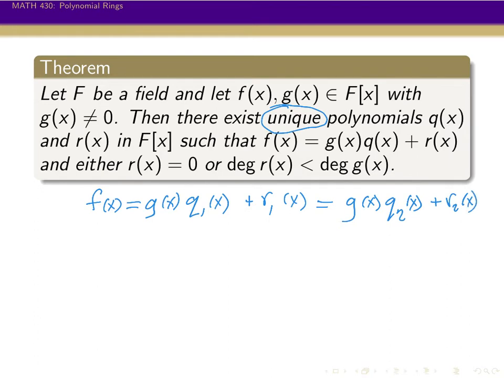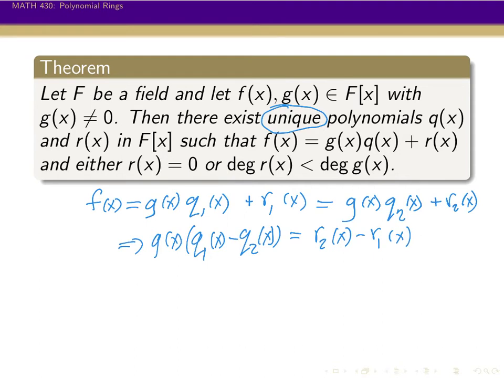Okay, and so now we have these two set equal to each other. And so we can rearrange this a bit, and we get that g of x times q1 of x minus q2 of x is equal to r2 of x minus r1 of x.